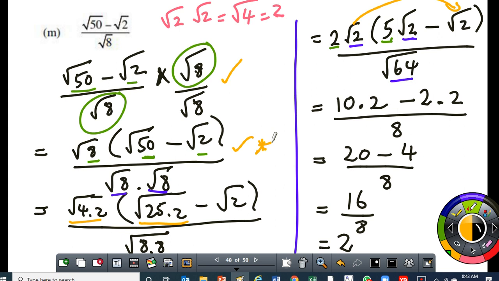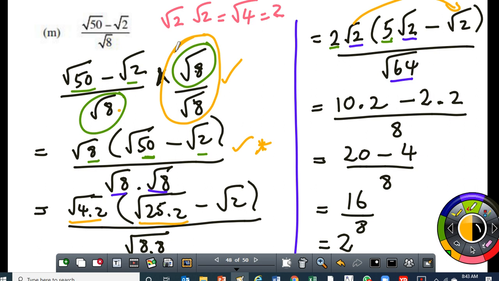So the objective of doing all this is to make sure that I eliminate the surd in the denominator. I hope you are aware that square root of 8 divided by square root of 8 gives you a 1. So this is just a mathematical manipulation that we use to simplify this problem.